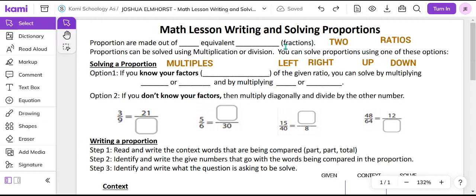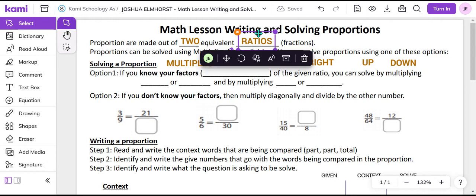So first thing we want to focus on is that proportions are made out of two equivalent ratios or two equivalent fractions. And as we learned in fifth and sixth grade, the fractions are equivalent by factors using multiplication or even division between those fractions.